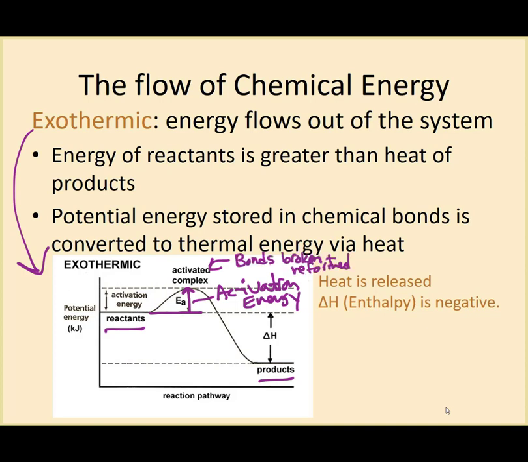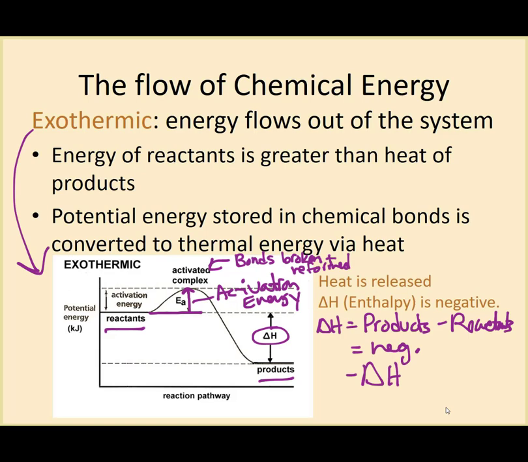Then we go down the energy hill to our products. The difference between products and reactants is our enthalpy. Because our products are a lower number compared to the reactants, we get a negative number, so delta H will be negative. And this describes the amount of heat that has left the reaction.